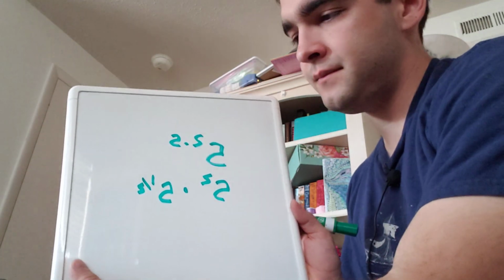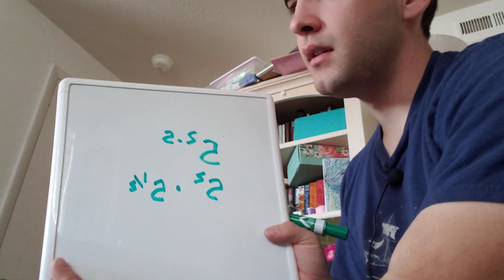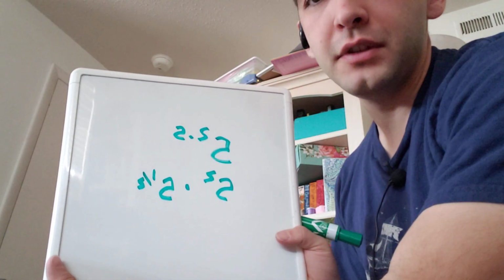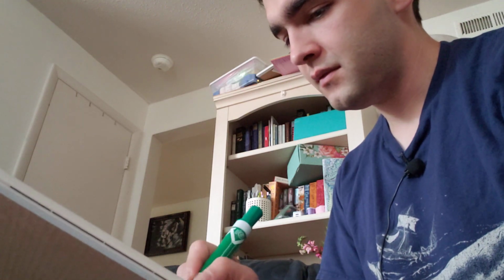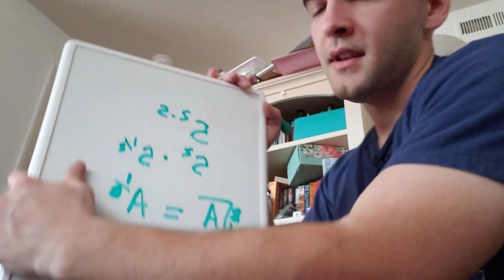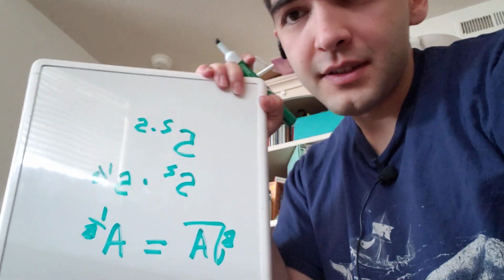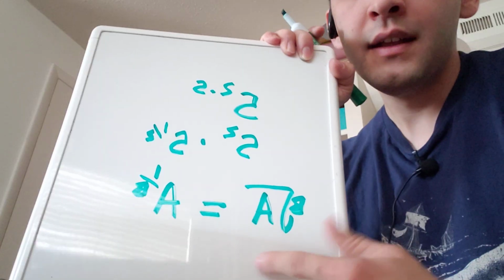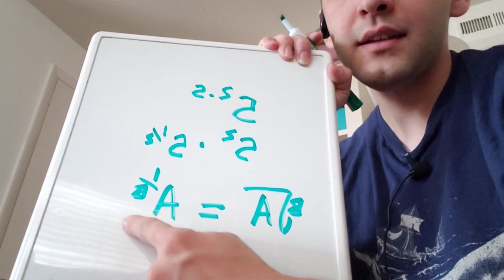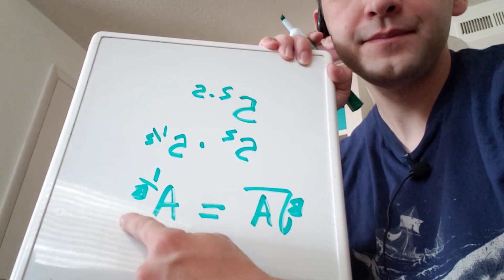I realize I gave no lead up for this at all, but the general form for this one is going to be this. Because exponents and roots are opposites of each other. So if I take the b root of a, that's the same as raising a to the 1 over b.